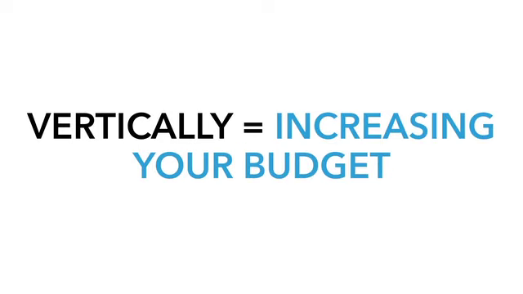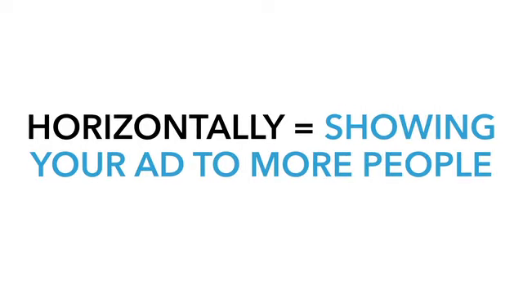So vertical scale is pretty simple, and it's probably what most of you imagine when you think about scaling a media campaign, simply increasing the budget. So you're getting good results and you want to increase the budget so that you can get more of the same results. That's vertical scale. Now, horizontal scale is taking that ad that's working and showing it to more people.